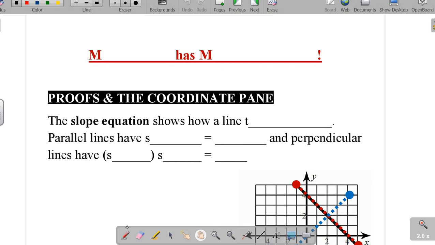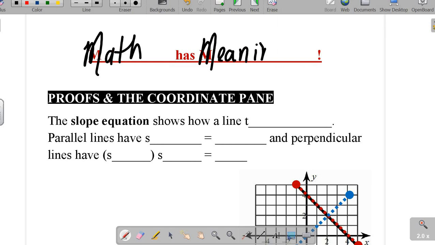The main emphasis for this particular lesson is this simple truth. Math has meaning. Math does not just simply shove numbers around just for the sake of your good health.